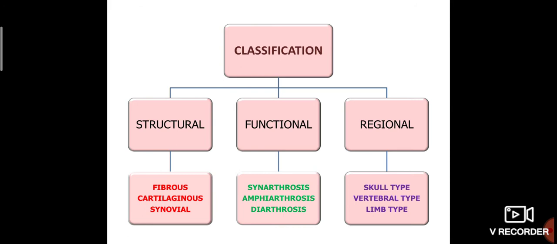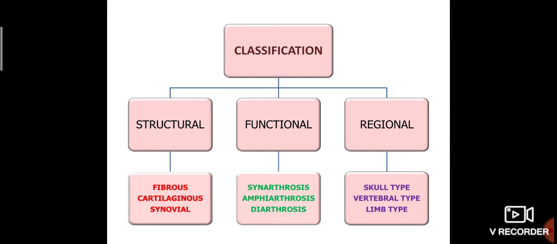Synarthrosis means, syn means fused. So in this kind of joint, the two bones are closely fused together, and any type of movement is not allowed. Amphiarthrosis means partially movable, in the sense it can move a little bit.